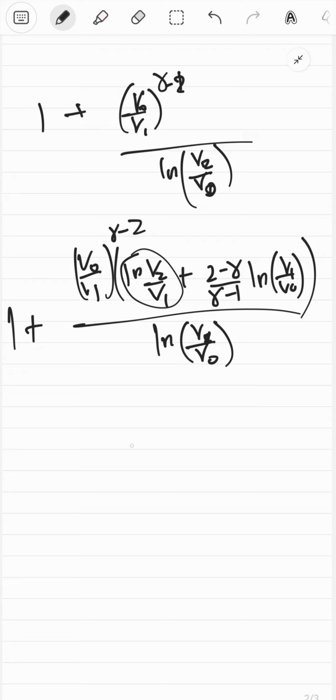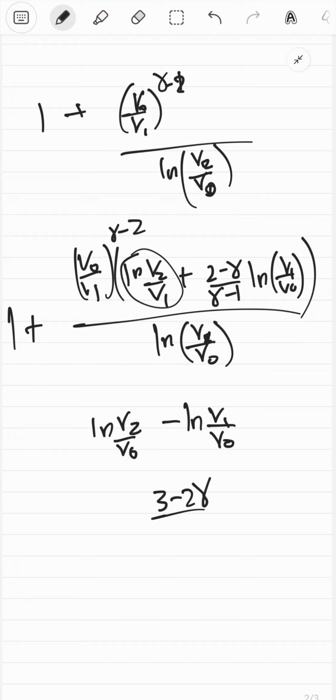Because this whole thing, you see, you can write it as natural log of v2 upon v0, and then plus natural log of v0 upon v1. But that's just essentially minus natural log of v1 upon v0. But then you can use that and include it over here. So that minus 1, this thing just gives us 3 minus 2 gamma upon gamma minus 1 over there.